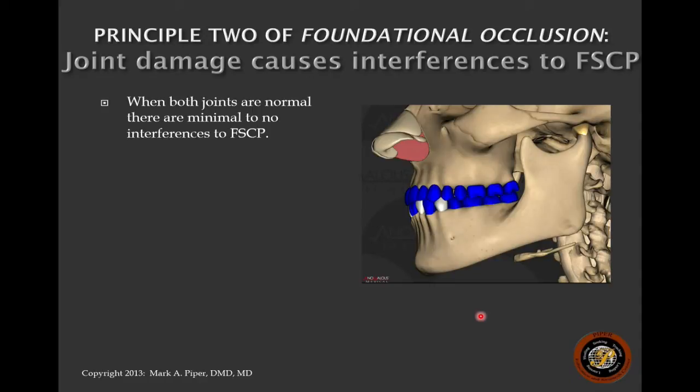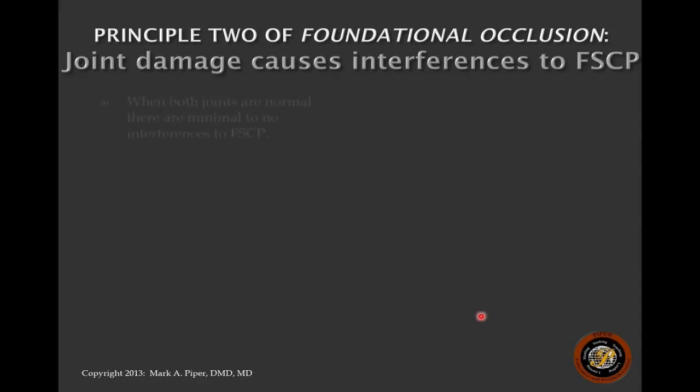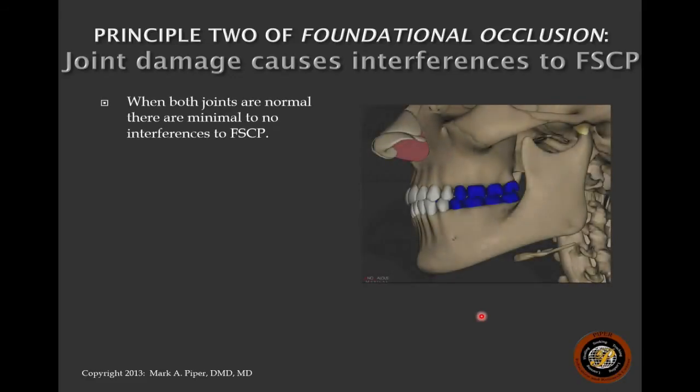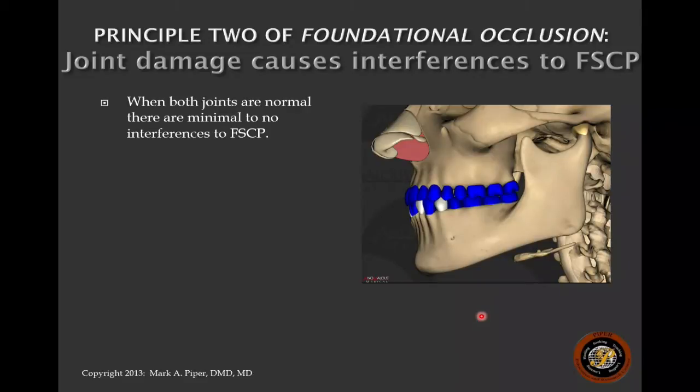You see that? Okay, let me animate it again. So fully seated condyle, you bring the back teeth together. Now you squeeze slightly forward to MIP. It's very, very rare to find a natural bite that doesn't have some degree of slide from centric. In fact, I don't think I've ever seen one. We create them, but I don't think I've ever seen one, okay?